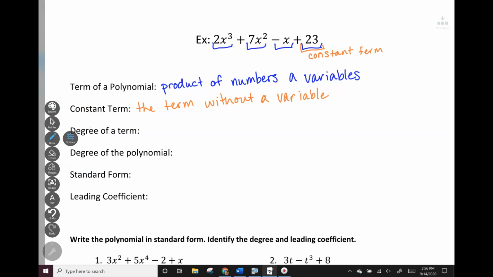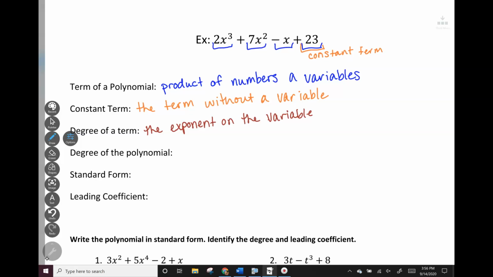All right. The degree of a term is determined by the exponent on the variable. The exponent on the variable is the degree of that term.